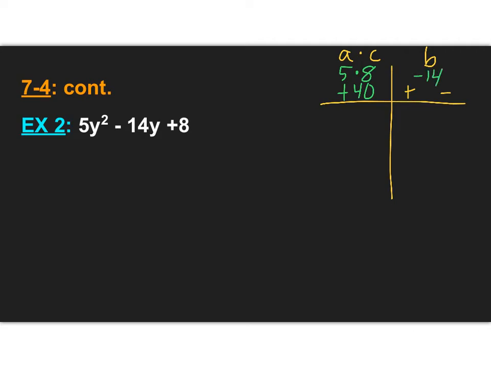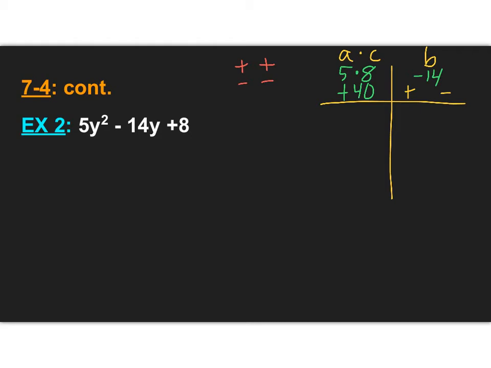So again, I'm going to pre-think about the signs of my two numbers that are going to go here. For a positive product, I have to be getting two numbers of the same sign, so a plus plus or a minus minus. Since I have at least one negative in the problem, I know I'm going to have one negative in my numbers here, so my guess is that minus minus is what we're going to end up with.